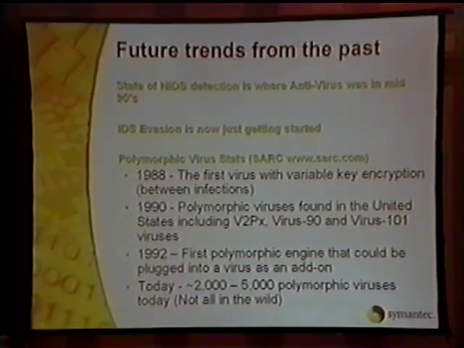It basically turned out that there are some vendors out there that are actually trying to improve protocol analysis. And what I'm trying to do here is get the other vendors to take notice and start improving their protocol analysis as well. I believe IDS evasion is just now getting started.